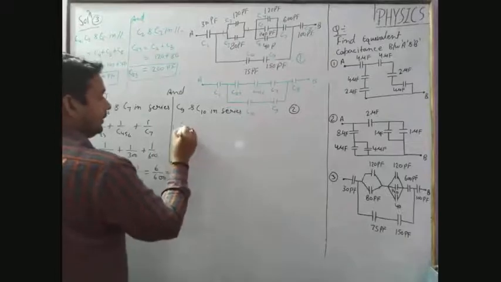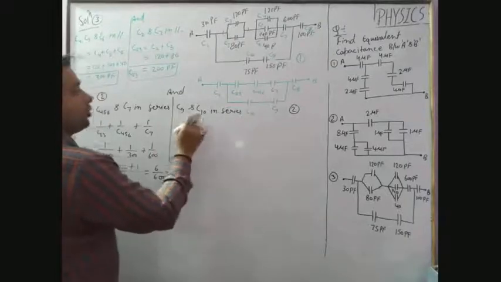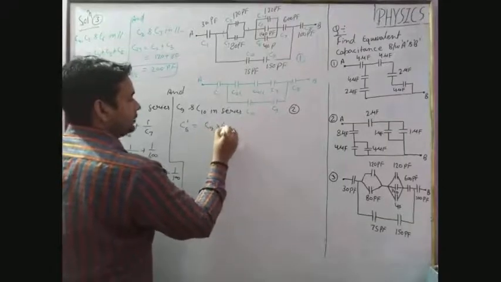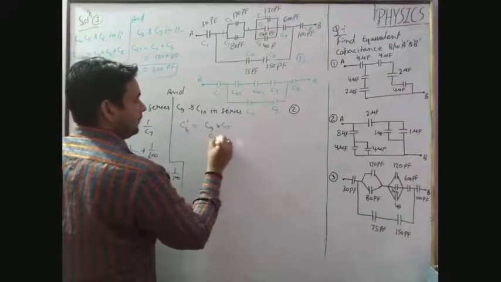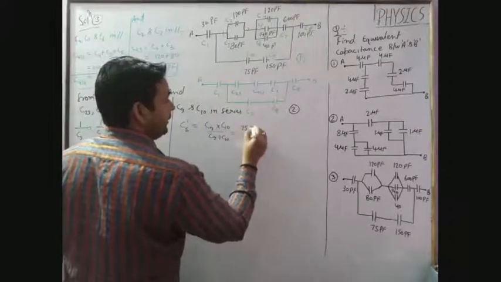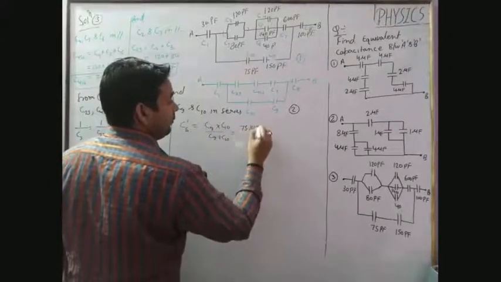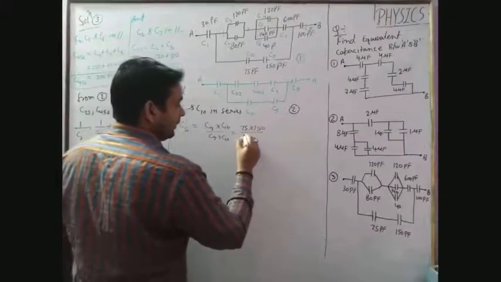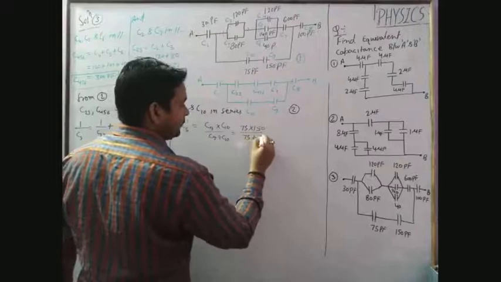here we have CS dash for C9 and C10. So C9 into C10 upon C9 plus C10, you will get this 75 into 150 upon 75 plus 150.